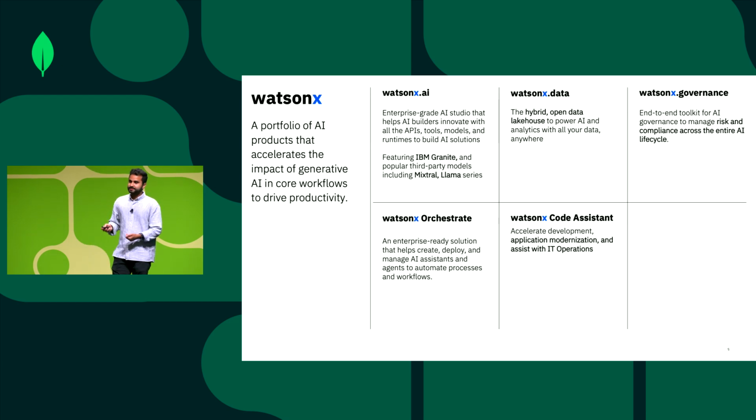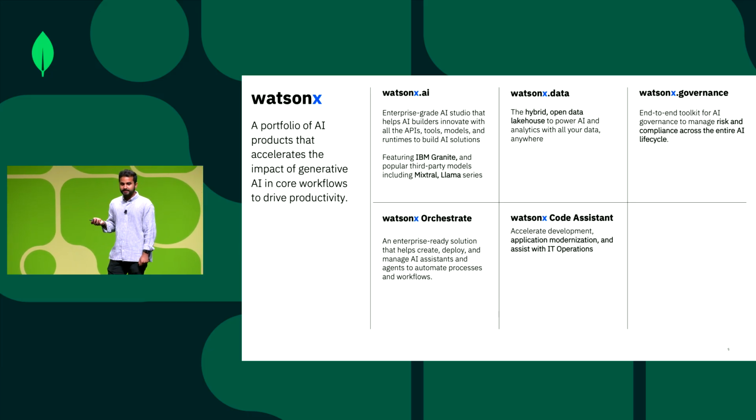So what is Watsonx? Watsonx is actually a portfolio of products. The things that we will talk about today primarily will be .ai and governance, but other products to focus on and understand are Watsonx.data, which is our hybrid open data lakehouse for the storage of unstructured data and analytics.